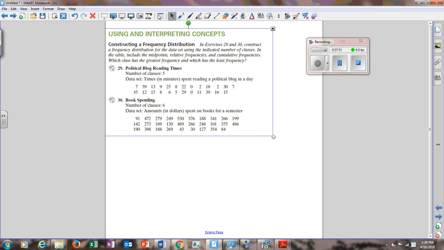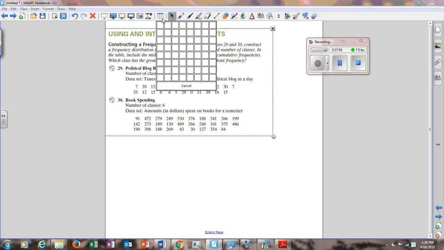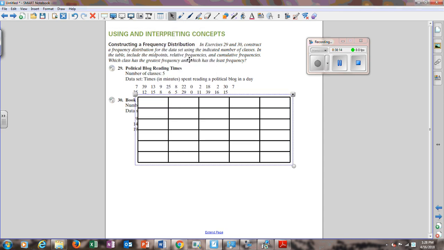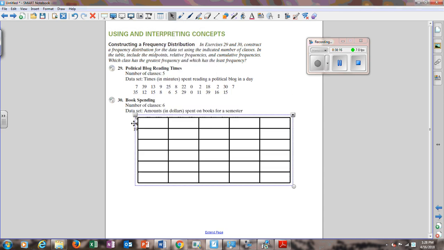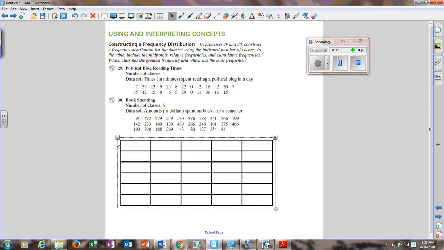Okay, so we're going to need a table. It's going to be a table with 5 classes, so it's going to be 6 columns. And then we're going to need class, frequency, midpoint, relative frequency, and cumulative frequency.